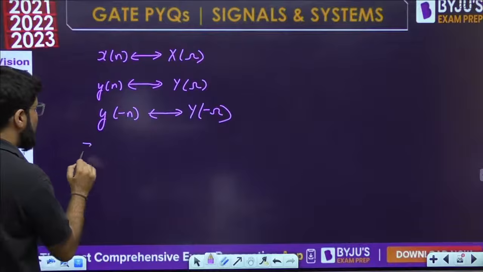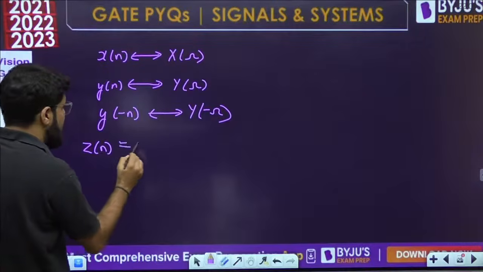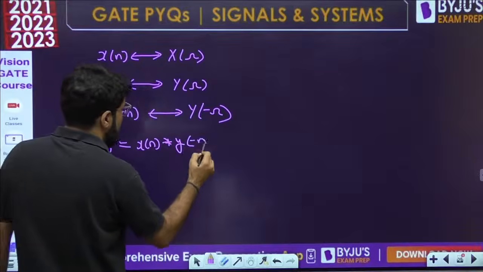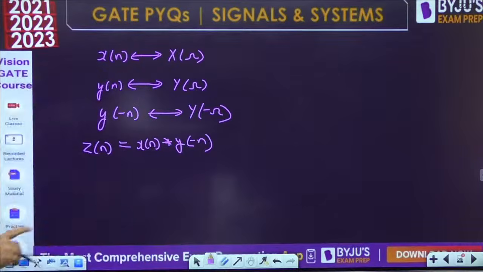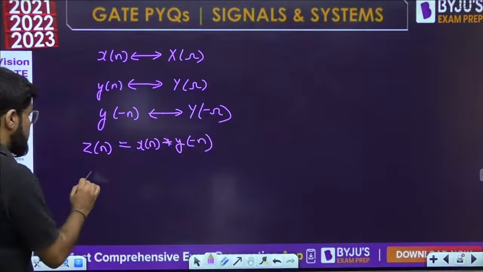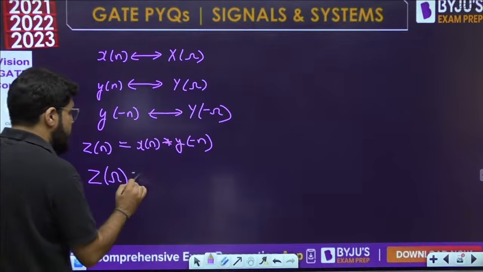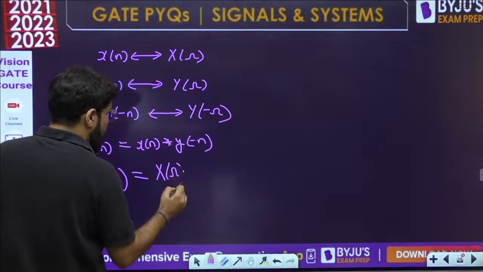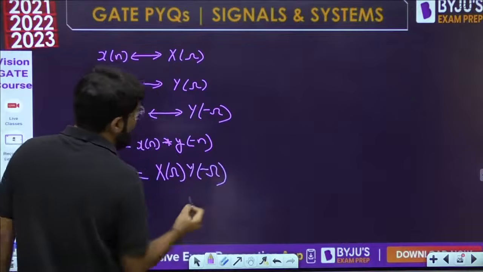Now let us say there is a signal z[n] which is equal to x[n] convolved with y[-n]. So what is going to be Z(ω)? Convolution in time is multiplication in frequency, so X(ω) and Y(-ω) will be multiplied.